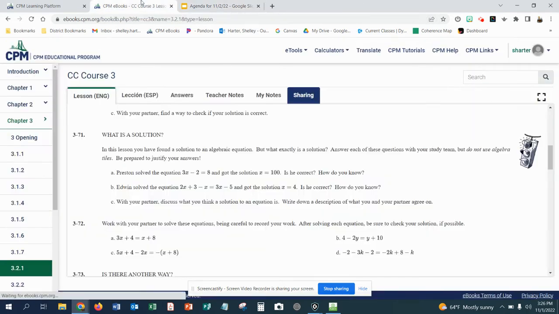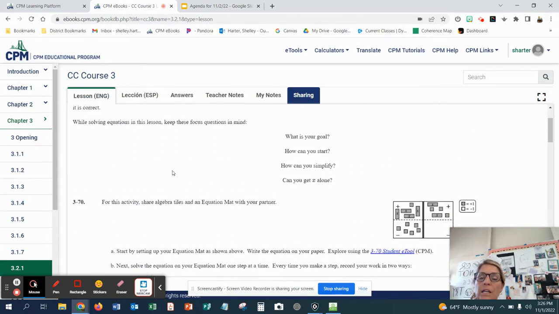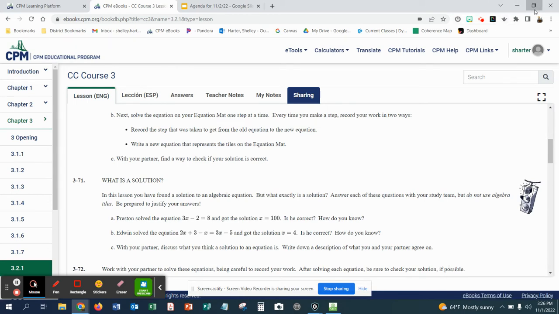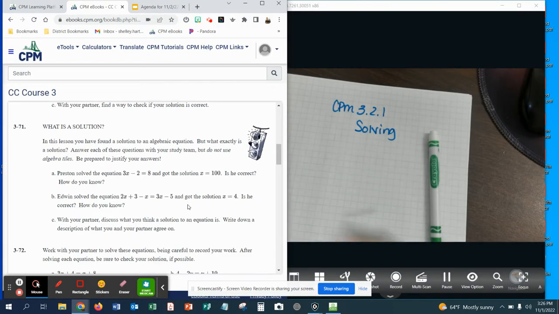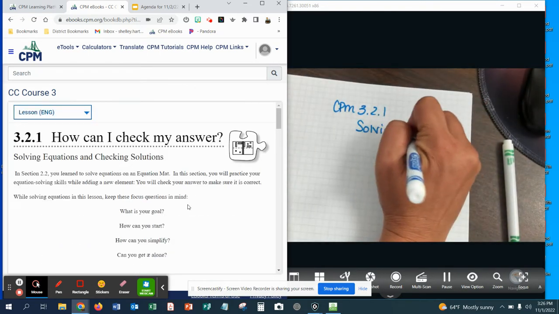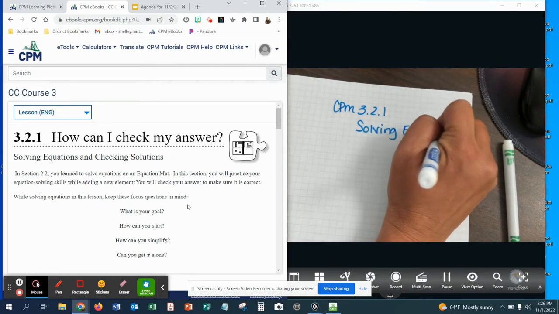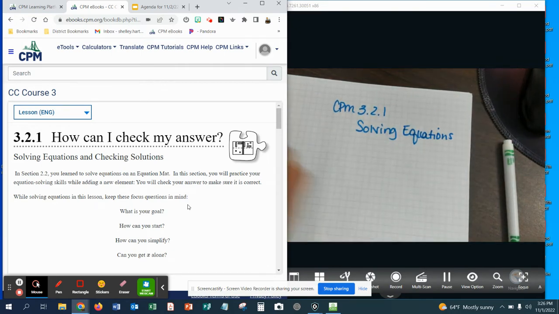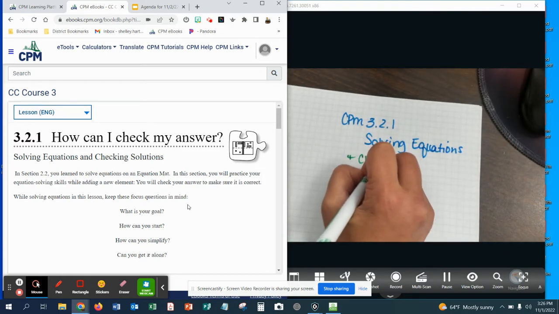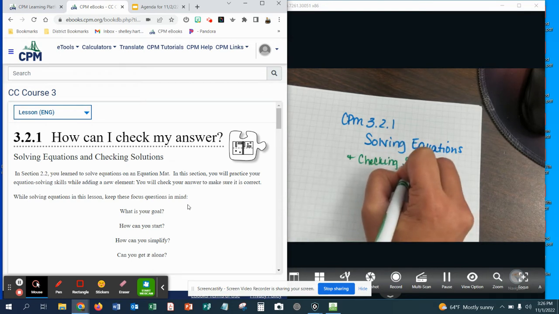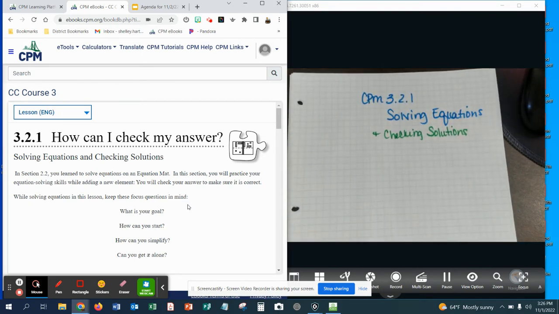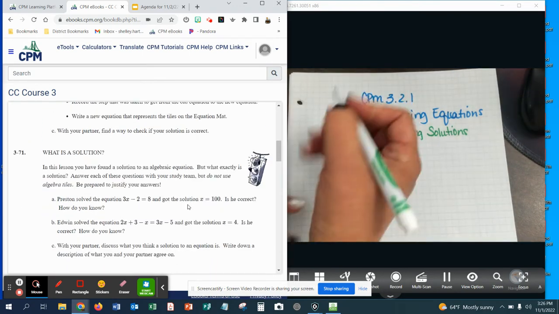Our focus is, we're not actually going to look at 3-70 because we're not going to get out the tiles, but we are going to talk 3-71, solving equations and checking solutions. Great. So we're focused on 3-71.